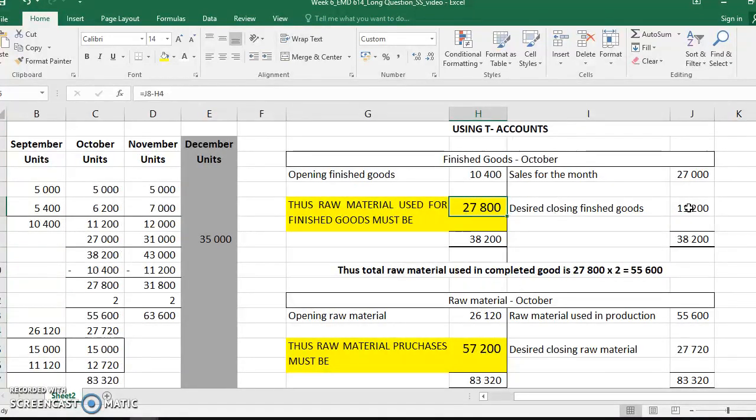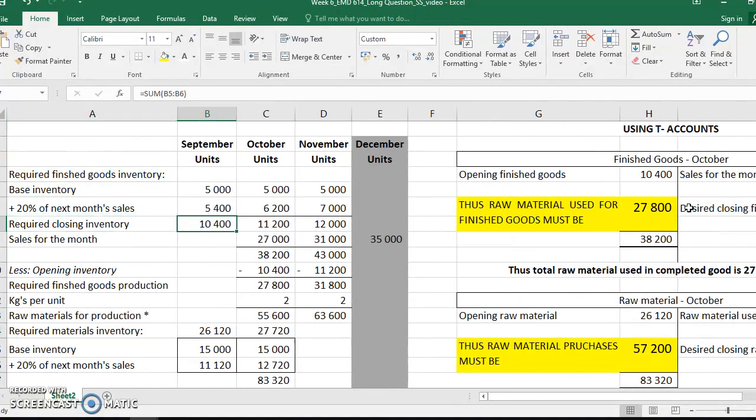Then we need to deduct the opening stock, and remember the opening stock for October will be the end of September's closing stock, and September's closing stock will be the base inventory of 5,000 plus 20% of the next month, which in September the next month would be October, and we know that October's sales is 27,000, so 20% of 27,000 is 5,400.